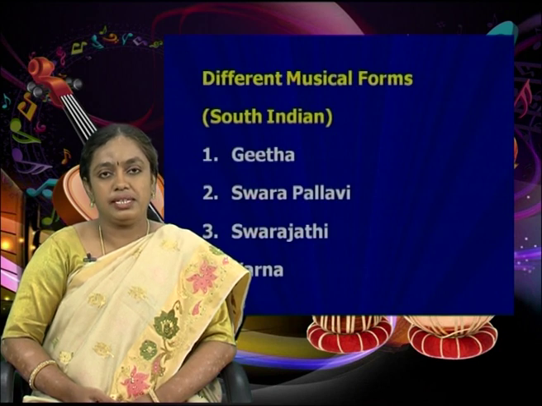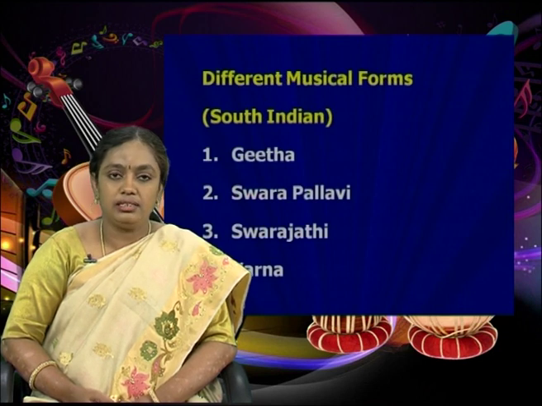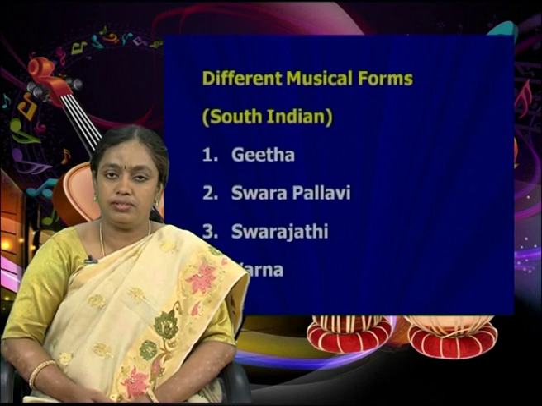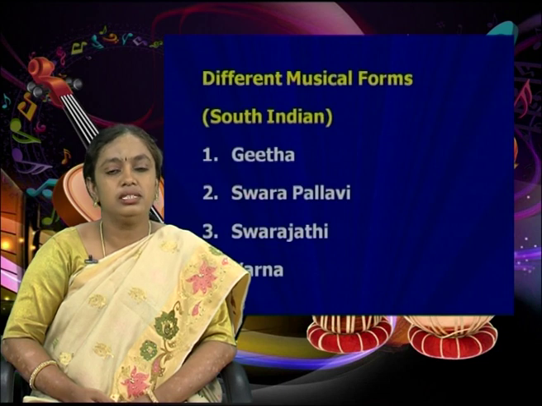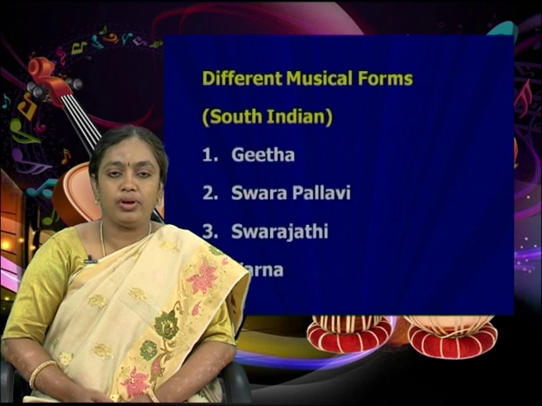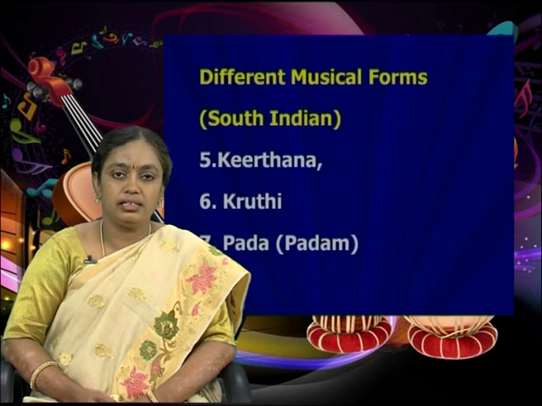Now I want to explain the main musical forms of South Indian Carnatic music. The first point is Geetha. Geetha is also compared to Abhyasagana. The first one is Geetha, the second one Swara Pallavi, and the third one after the Swara Pallavi we have to learn is Swarajati, and after this Swarajati we will enter into Varna. Varna is a very big part of the Abhyasagana, and then the fifth one is Kirtana.